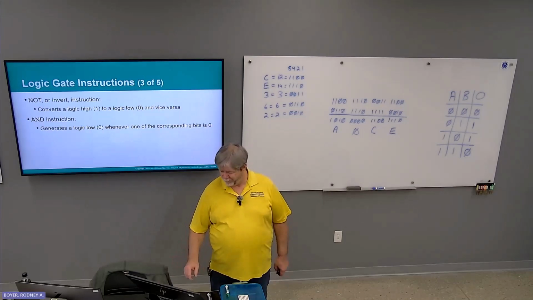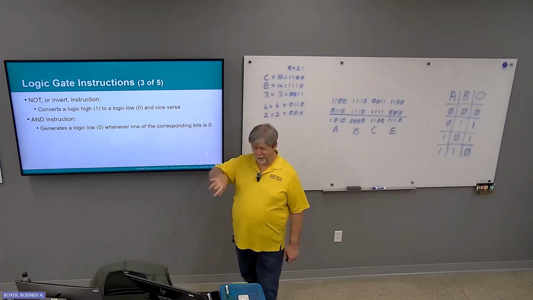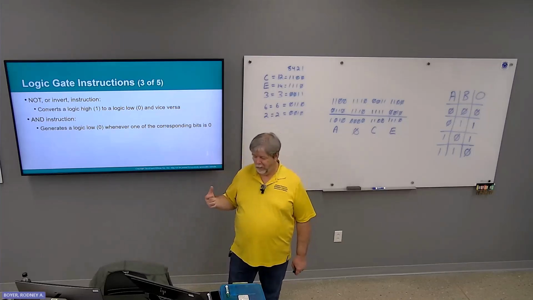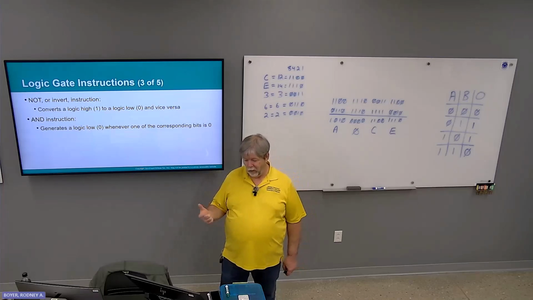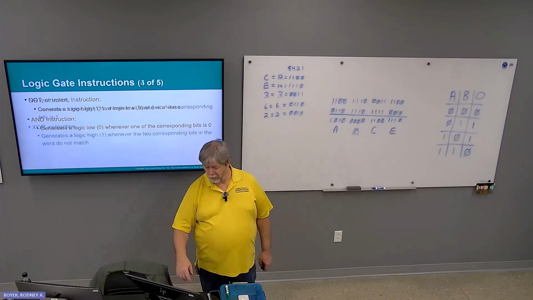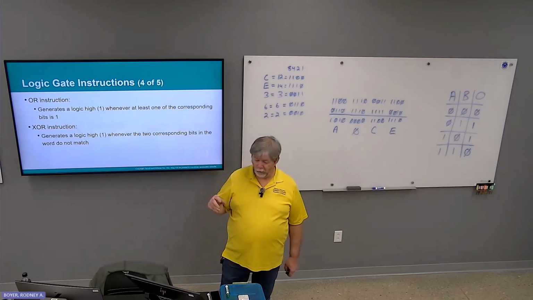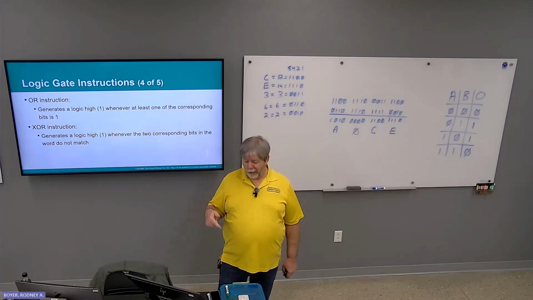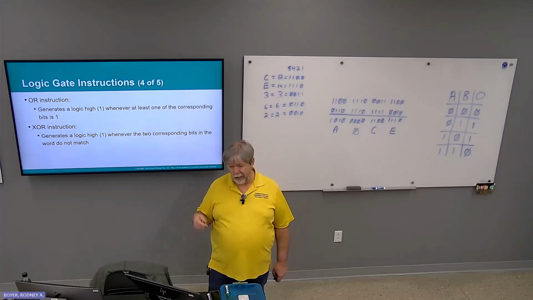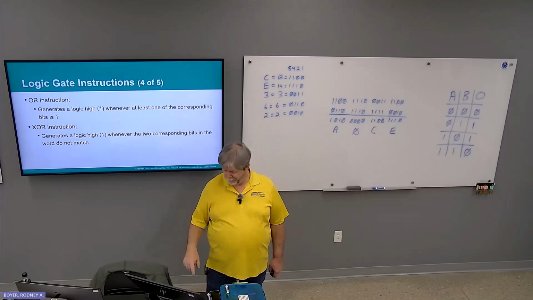Getting ahead of myself. Okay, NOT is an invert, 1 to 0, 0 to 1. AND is a logic low, or a 0, if either of the bits is 0 or both. OR is a logic high if either bit or both is 1. XOR, logic high when one or the other is a 1, but not both.